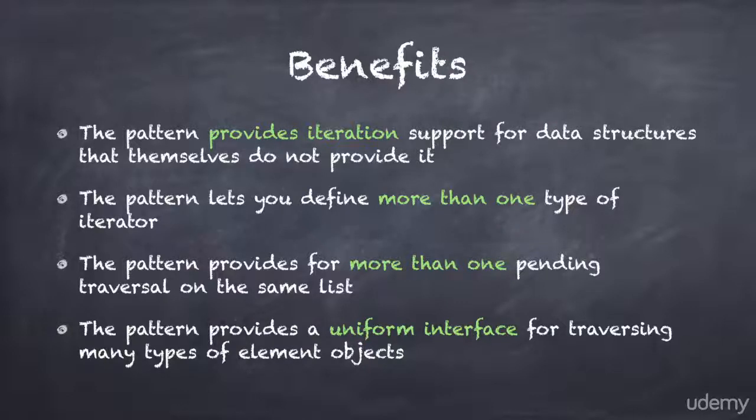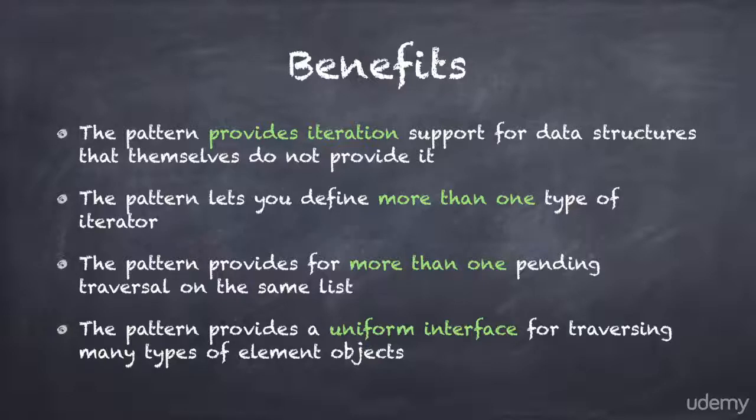The pattern also lets you define more than one type of iterator. For example, in a tree data structure, you could implement both breadth first and depth first iterators with this pattern, without polluting the data structure with methods for the different kinds of traversal. The pattern also provides for more than one pending traversal on the same list.